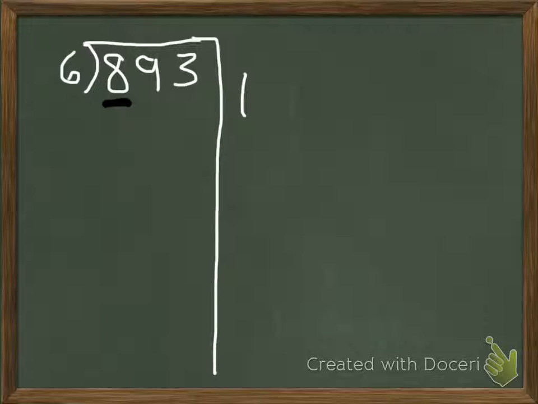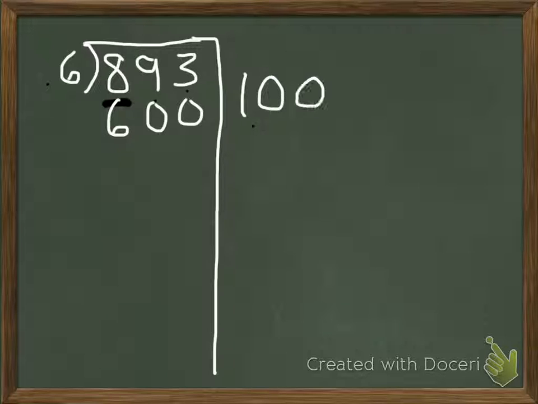So first of all, let's go back to 6 goes into 8 one time. Well, 6 times 1 equals 6, so I'll put that underneath my 8. But if you notice here, I still have my tens and my ones to deal with, and that's why I'm putting the zeros here, and I get 600.